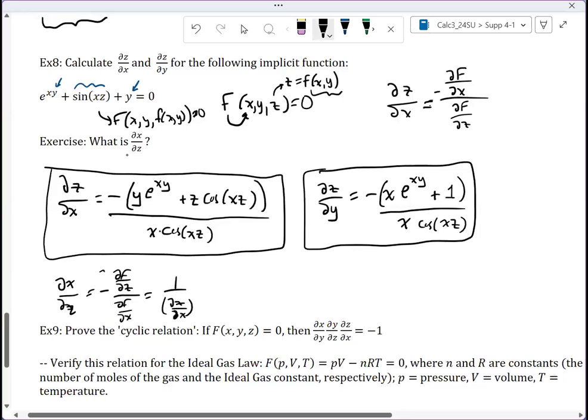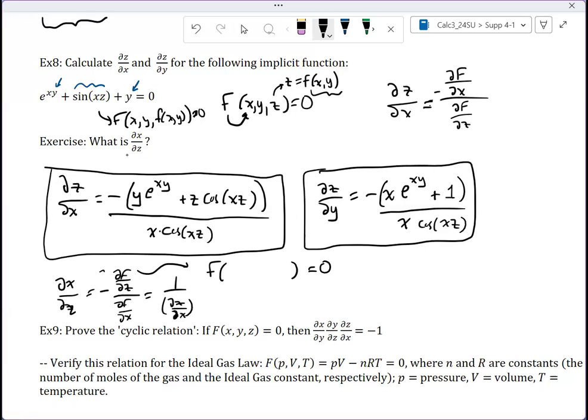But note that there's a subtle change here. Here we're thinking of F of stuff being equal to 0. But if we're looking at partial of x with respect to z, well, z we're now treating like an independent variable. We can choose z however we want to. y is also really not mentioned, so it's an independent variable.